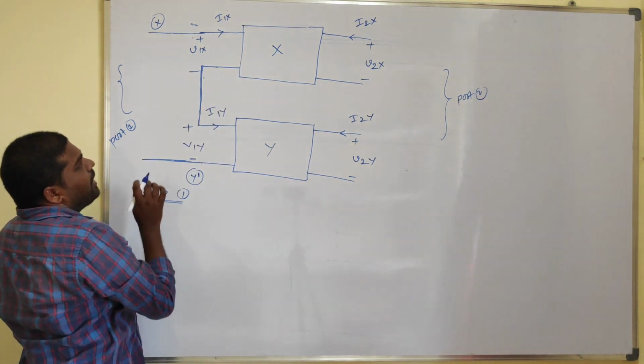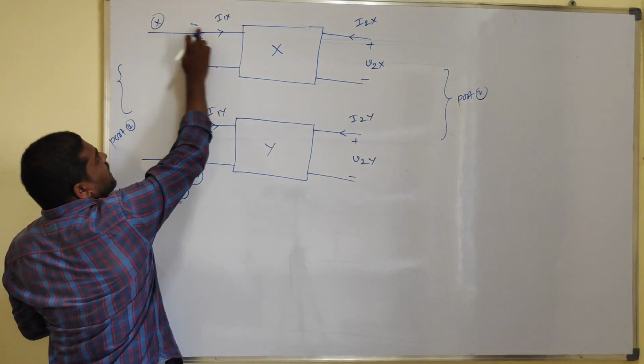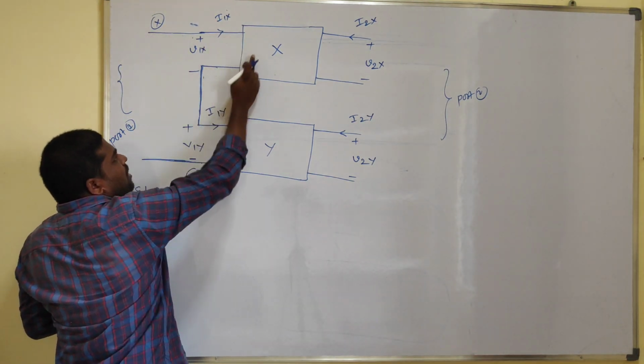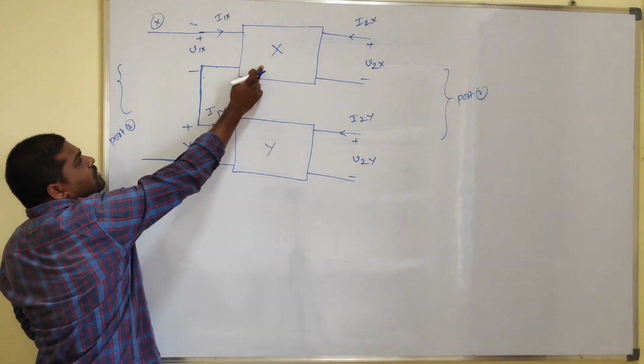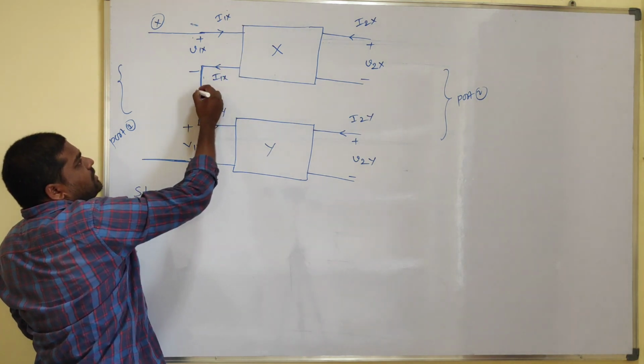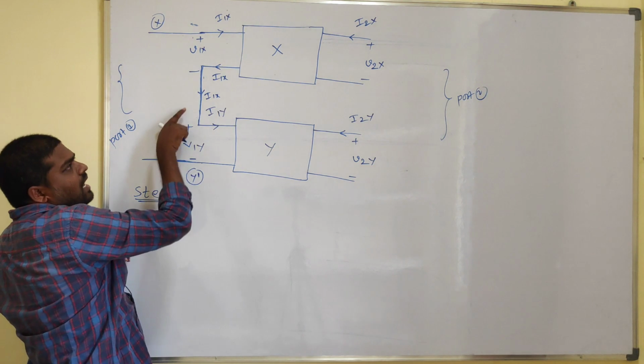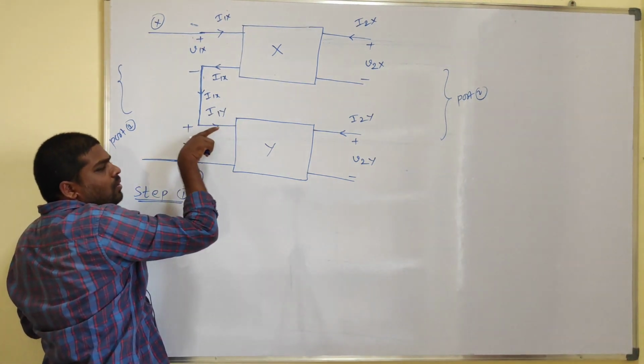Now you can observe this path. Here the current entering equals I1x, the same amount of current leaves this X two-port network, and here also I1x current. So the same current will flow through this terminal, I1x, and the same amount of current will enter into the Y network.